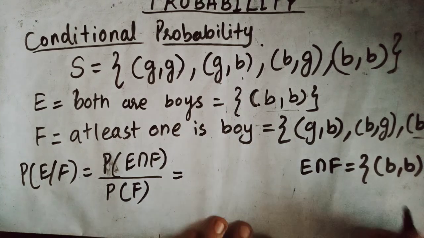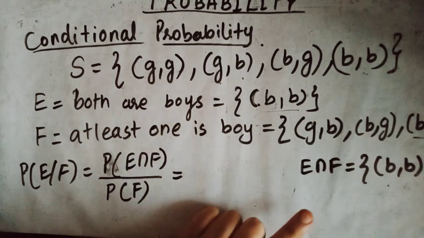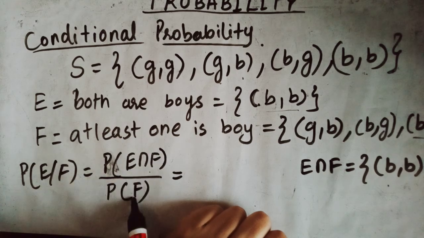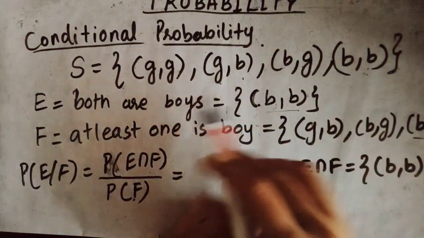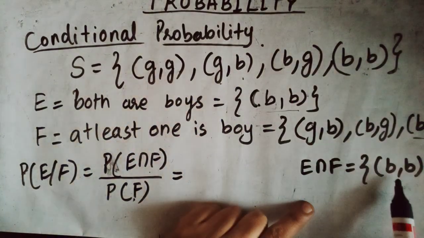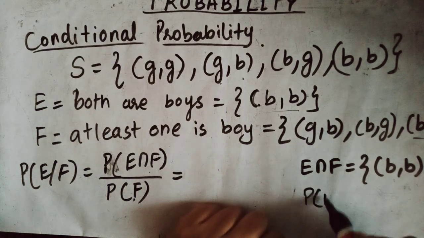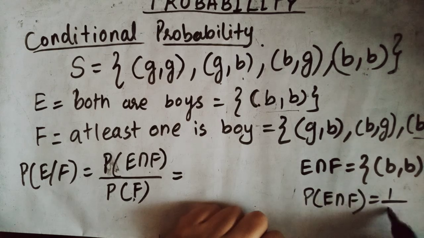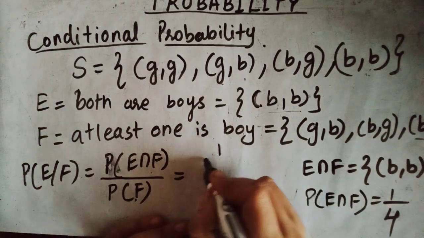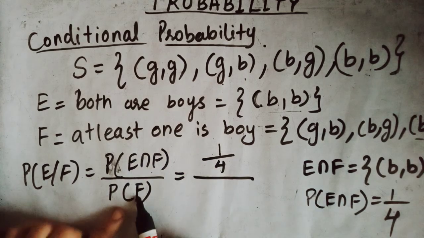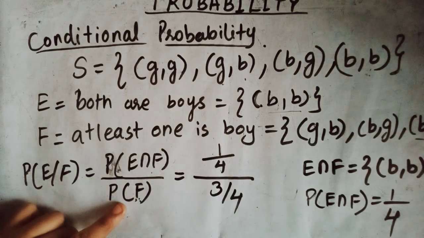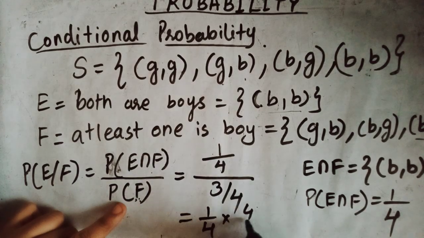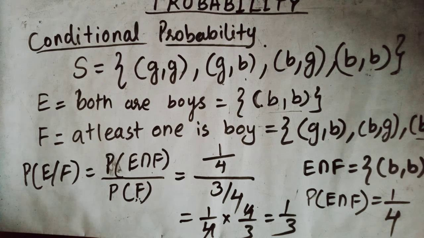The sample space contains 4 elements, so the total number of outcomes is 4, and the probability of this is 1 upon 4. Upon the probability of event F, where 3 are there, so 3 upon 4. So this will be 1 by 3. This is the conditional probability.